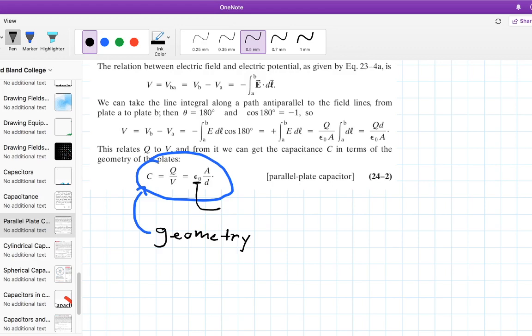So far we've only talked about electric fields in free space, but this permittivity, epsilon zero, if this wasn't a vacuum, if there was some dielectric material in between, then the capacitance would be equal to epsilon A over D, where that epsilon is the electric permittivity of that physical substance.